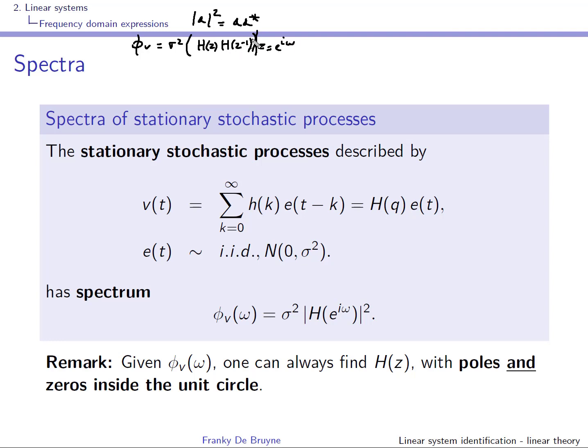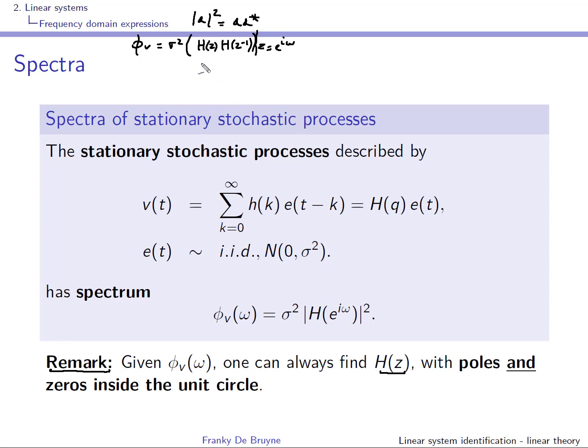So taking the complex conjugate is simply taking z minus 1. Here there is a very important remark, because we can work with an H of z, a noise model, where without loss of generality we can take the poles and the zeros inside the unit circle.